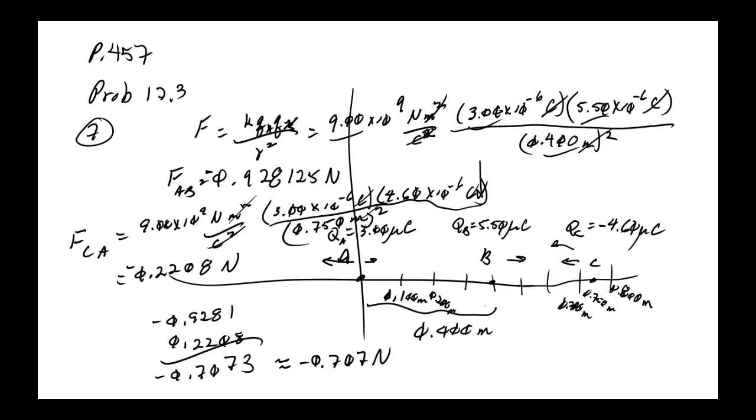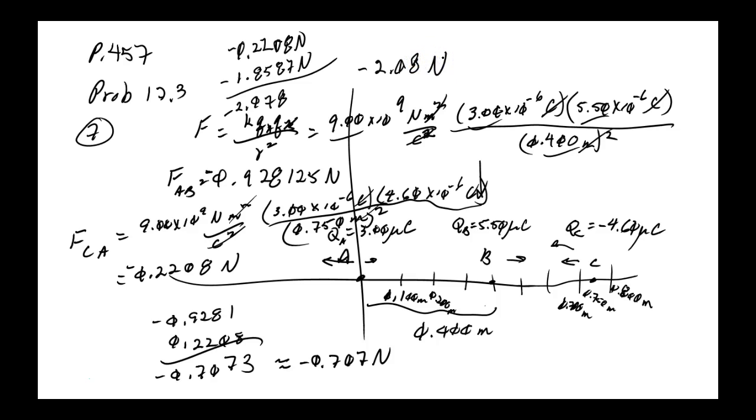So we have a negative 0.2208 newtons. And what was the other one? Negative 1.8587 newtons. And when you add those together, it's negative 2.078, which will be a negative 2.08 newtons. Is that what they got?